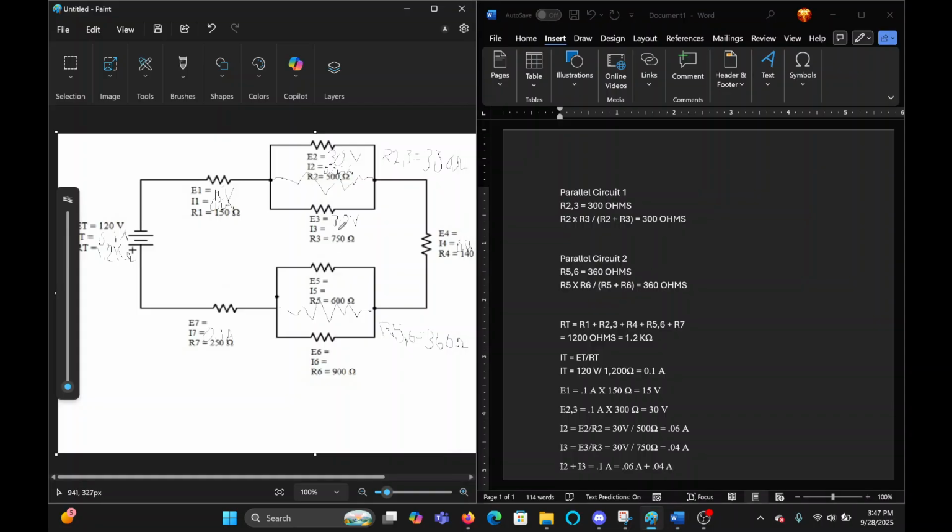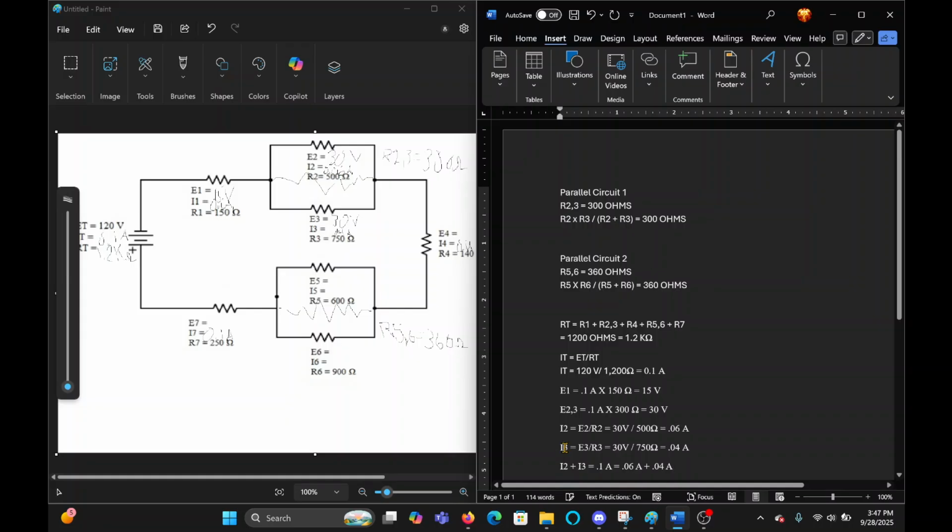So right here, I3 is equal to voltage 3 divided by resistance 3.